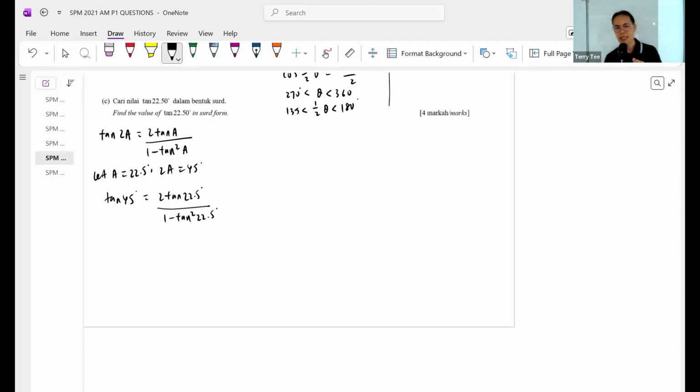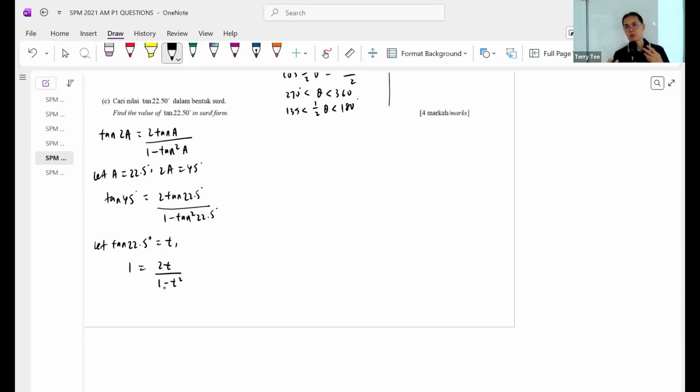To make our life easier, I don't want to keep writing tangent 22.5 because there's a square there. So we let tangent 22.5 become t. Tangent 45 itself is 1. This is 2t over 1 minus t squared.